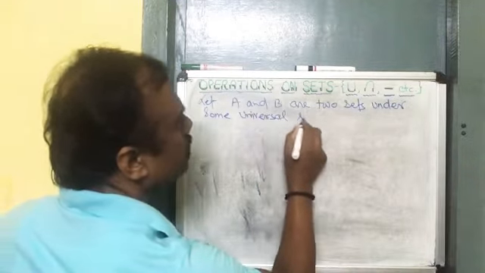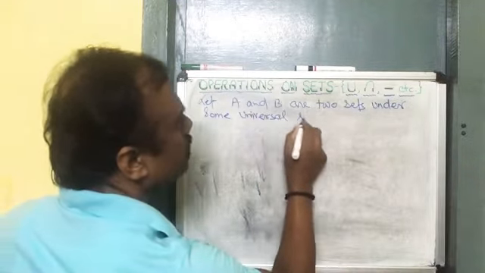Union of sets. Union of two sets A and B is a set. Union is an operation which will give you a set.